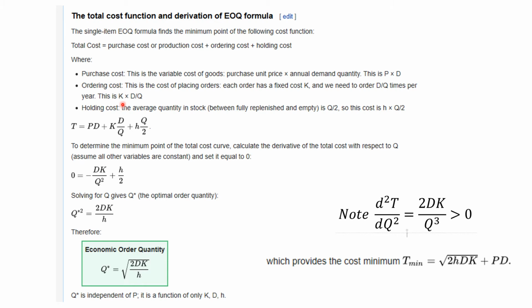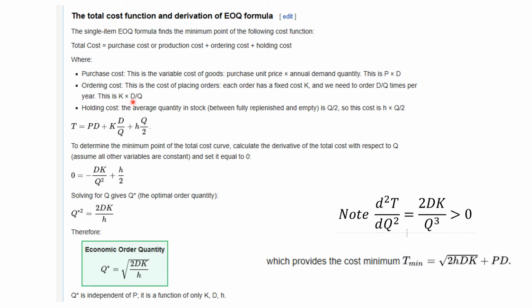Now this really is going to be D over Q, and let's discuss why that is true. Pretend that your demand over a year was 2,000 units, and you were going to order 500 units at a time. You would be ordering 4 times, because 2,000 divided by 500 is 4.